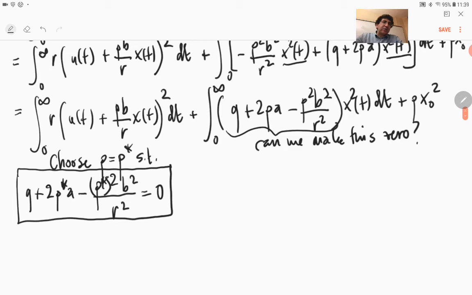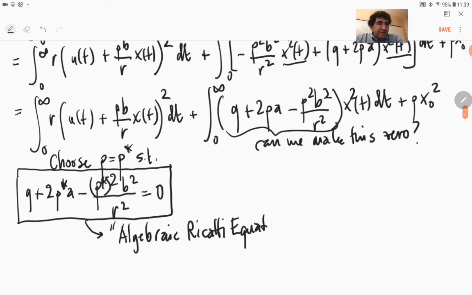Now as we will see, this is not a simple task, but that is why this equation has a special name. It's called the algebraic Riccati equation. If everything is a scalar, this is obviously a quadratic equation that I can solve for p star.